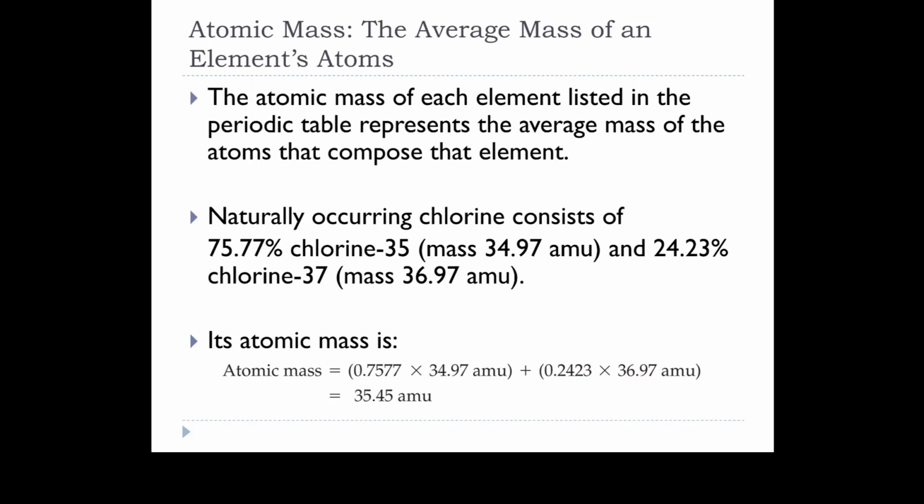Right? So this first set of parentheses here, this is for Cl 35. This one is for Cl 37. Right. So again, it's the percent abundance and the mass for each isotope, and then you add them up. Right? If you can do that, you can calculate the atomic mass.